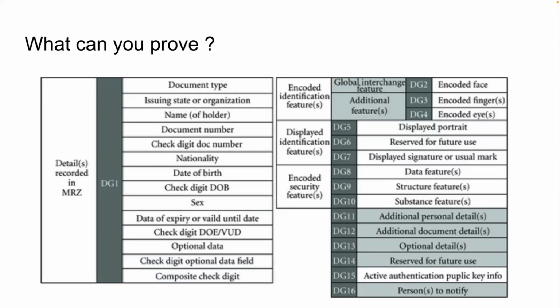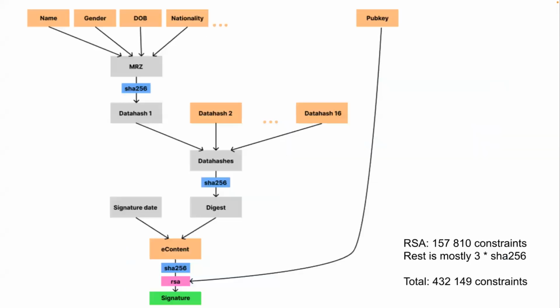This is P, which means it's a passport. Then there is just a character that separates. FRA means France. Then there is my last name and everything. This is all going to be concatenated into this big string that I just showed you. And then it's going to be hashed. And then it's an input in all of this. So it's hashed again, concatenated and everything into the signature.